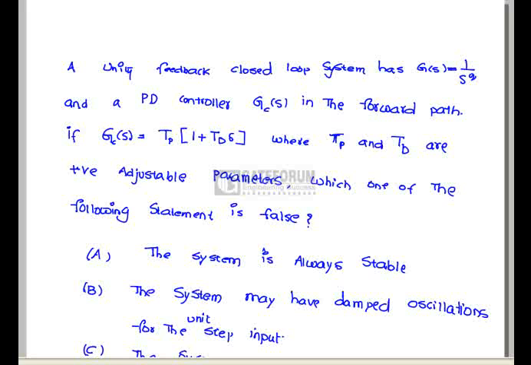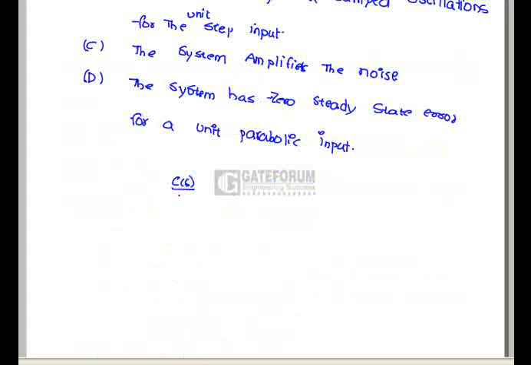Coming to statement B, the system may have damped oscillations for the unit step input. See, if we take the closed loop transfer function, it equals G of s by 1 plus G of s H of s.